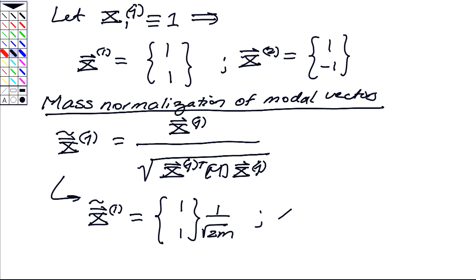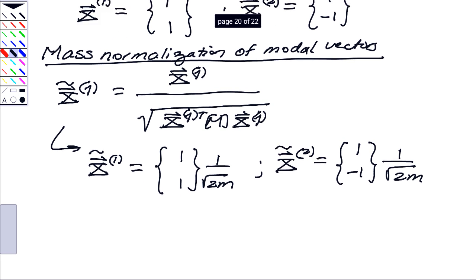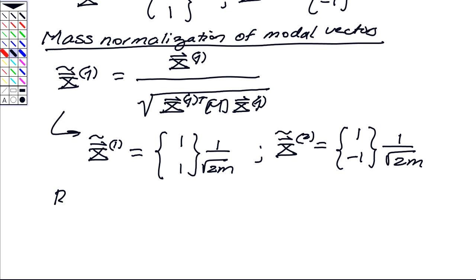And the second mass normalized modal vector is [1, -1] with the same scale factor in front, 1 over square root of 2m. Our response, we'll use the usual process here.